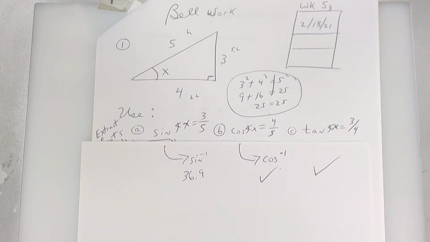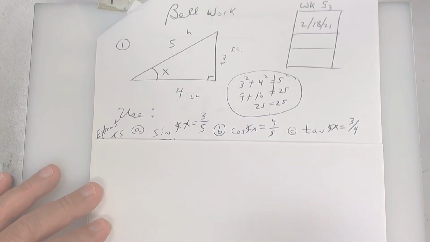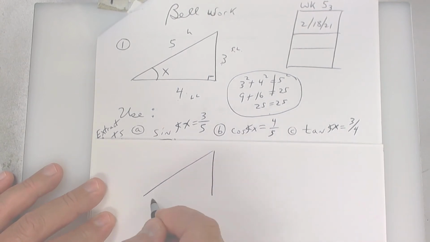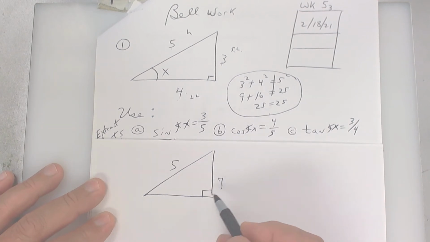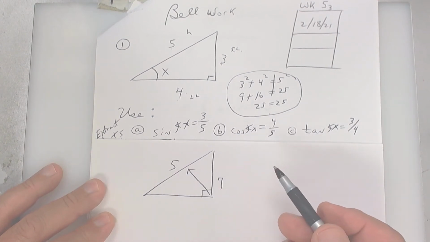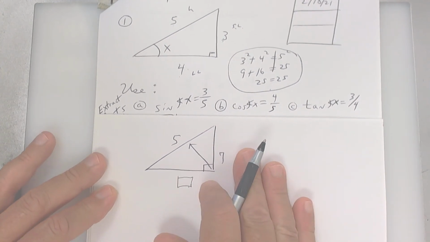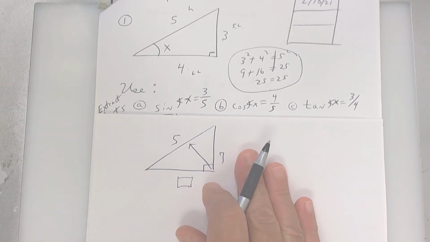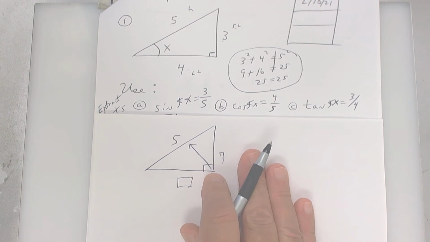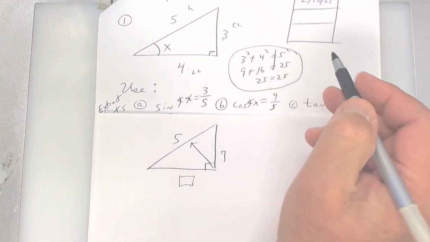All right? Now let's talk about something. Yesterday I gave you one, and I don't remember the numbers on it, but I think I put a 7 here and a 5 here. And you know that the hypotenuse is supposed to be the biggest one, okay? And I think I gave you another number here. So there were two problems with this one. Inherently flawed, we talked about it, but there's two things wrong with it. Number one, the hypotenuse should have been the 7. And number two, it has to be equal.